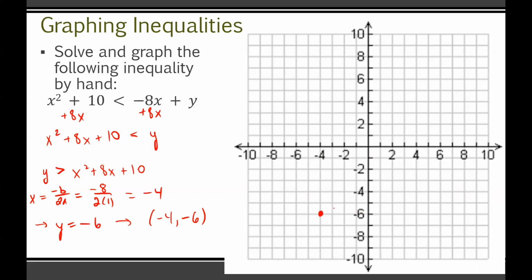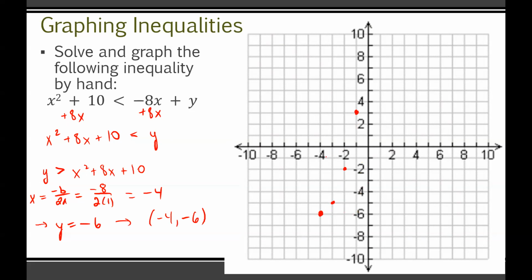Plot that there. Then we use our 1-4-9 rule to draw our quadratic. Starting at the vertex, you go over 1 and then up 1 times a. Well, 1 times a in this case is just 1. So I'll put a dot right there. Go back to your vertex, go over 2 points and then up 4 times a. Well, that's just going to be 4, so that's going to lead us to here. Then go back here, go over 3 points and then up 9 times a. 9 times a in this case is going to take us up here to 3 because negative 6 plus 9 is positive 3.